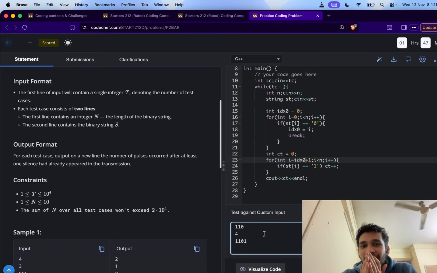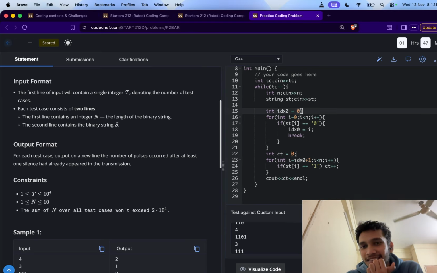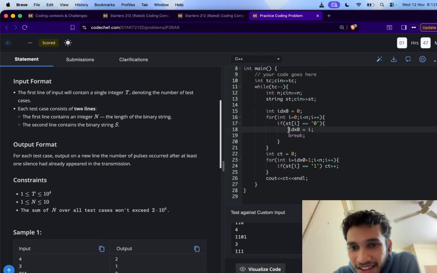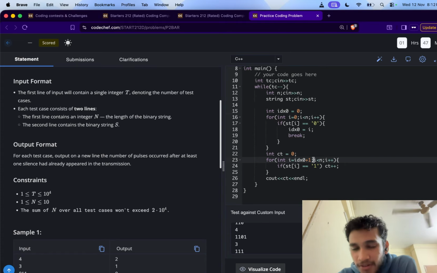What if there is no 0? Let me create a new test case, say 111. What should the answer be? The answer should be 0. But is idx0 updated at any time? No, it is not. So where would this loop start from? It would start from 1, because idx0 was initially initialized to 0, and 0 plus 1 is equal to 1.